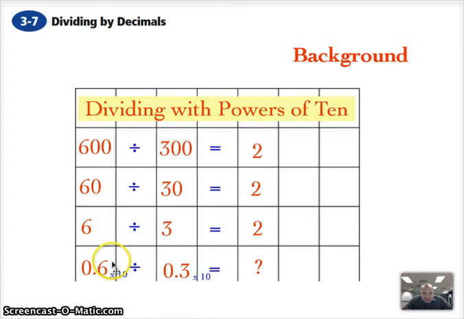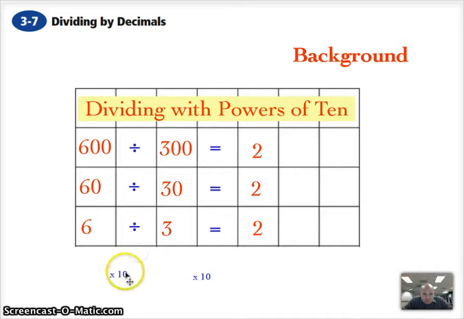And when we multiply both of these by 10, we get the new problem up above. And that new problem up above allows us to have the same answer once again. What happens when we multiply this problem's divisor and dividend by 10? Well, we get 60 divided by 30, which gives us the same answer.